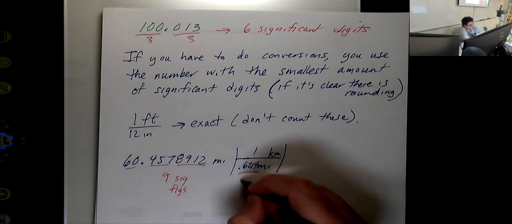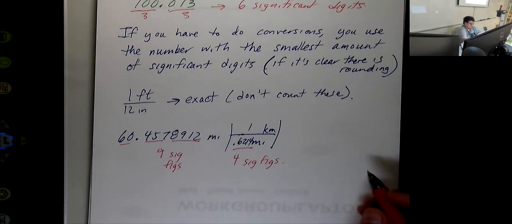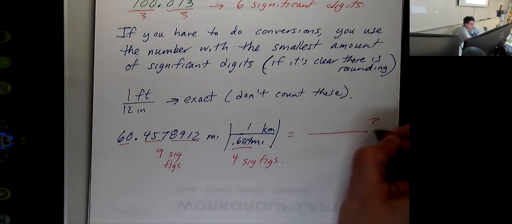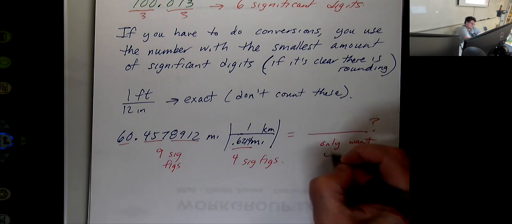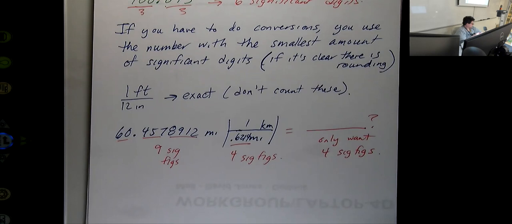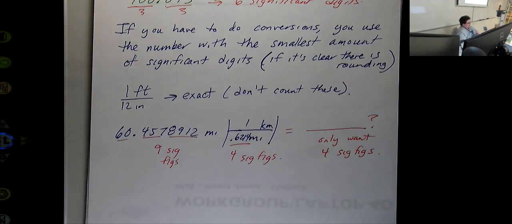This has 4 sig figs. So in my answer, whatever I get here, I only want 4 sig figs, because this value was rounded when it was done. When you measure 1 kilometer, it is not exactly 0.6214 miles. They just stopped writing decimal places.